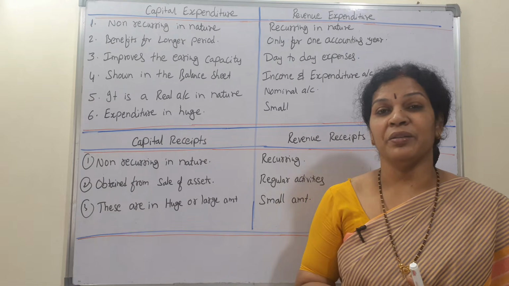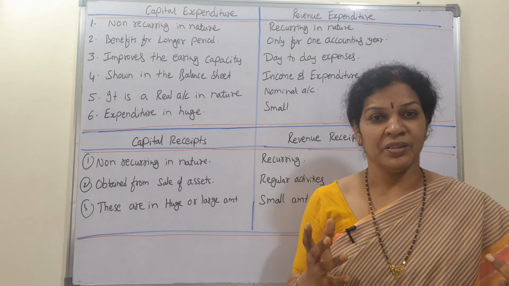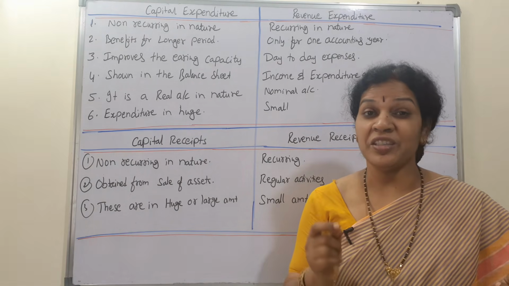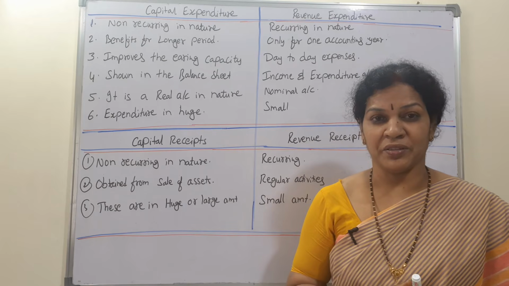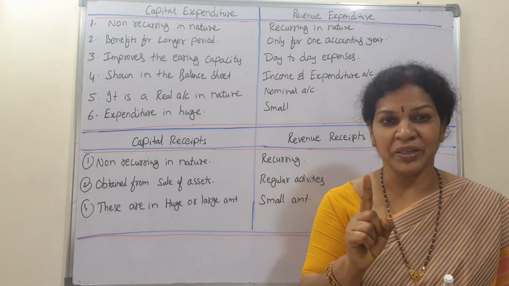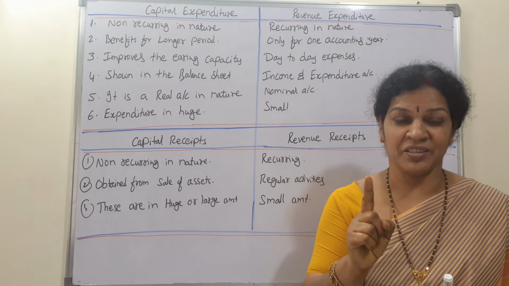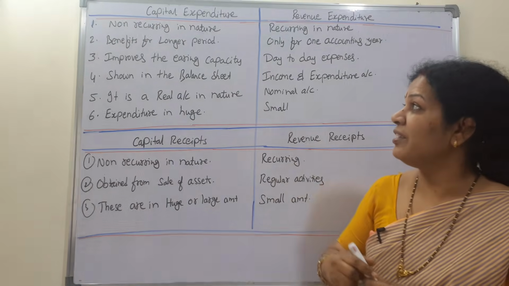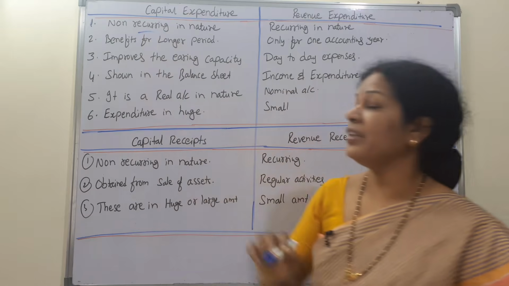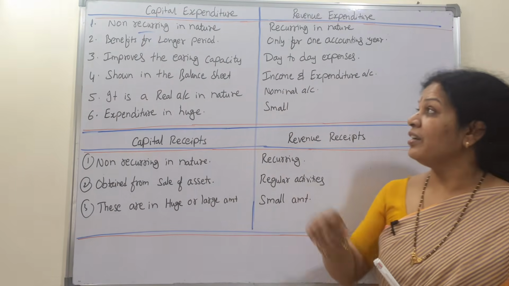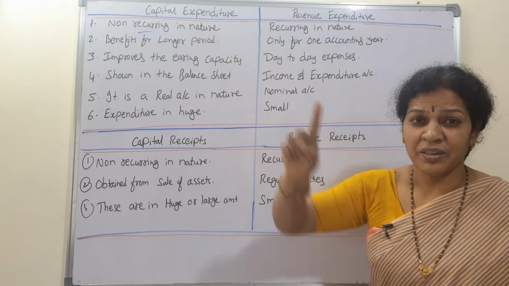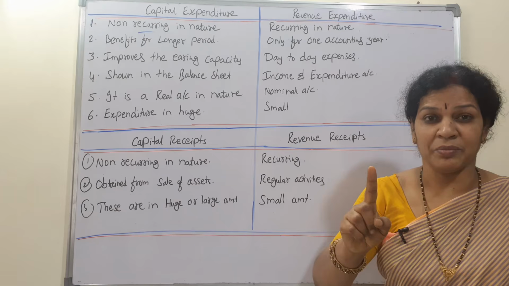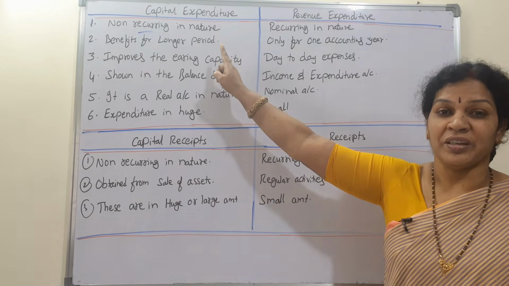For example, equipment we have purchased, installation charges for the machinery and equipment. Installation charges are only one time, right? Not a second time. That is why we say it is non-recurring in nature.